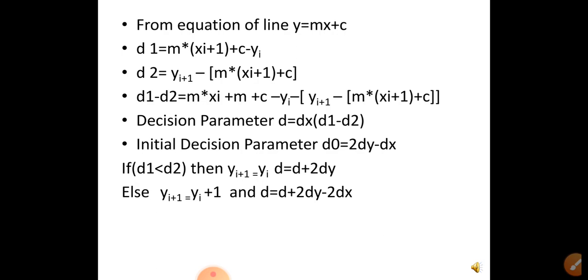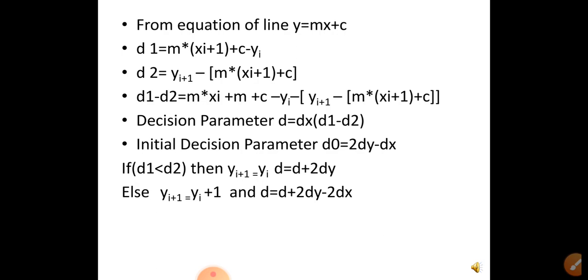Okay. So for the next iteration or next step, we need to consider the value of the decision parameter. If the decision parameter is less than 0, no need to increment y, and d equals d plus 2 dy. If the decision parameter is greater than 0, then increment x by 1, increment y by 1, and the new decision parameter for the next step is d equals d plus 2 dy minus 2 dx.